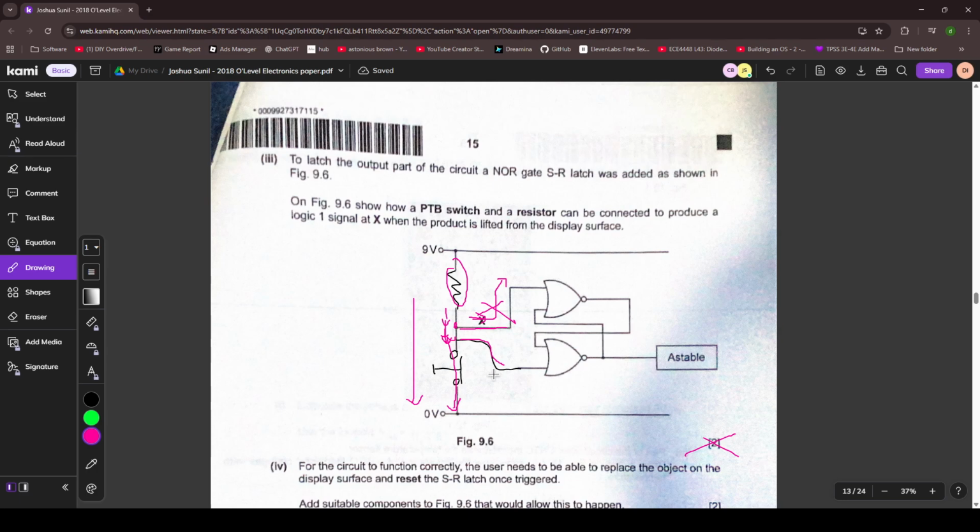Basically, what we want, and I'm just going to do it normally now, is when the switch is open, the value here is 1 or high. This color sucks. So we want 1 or high basically.